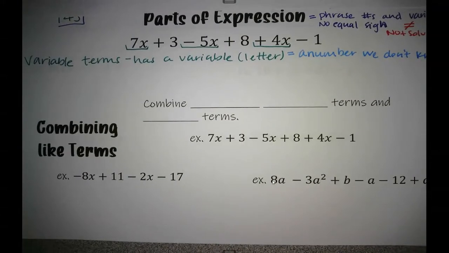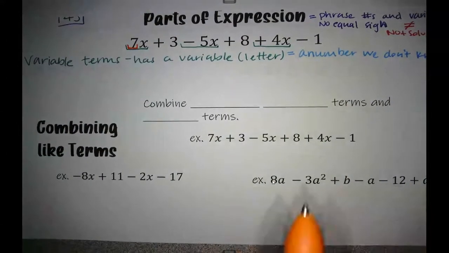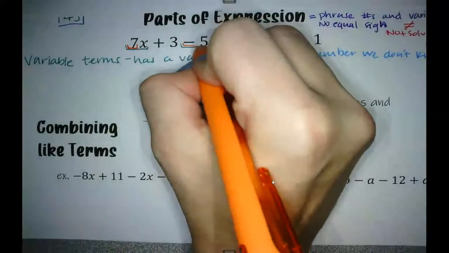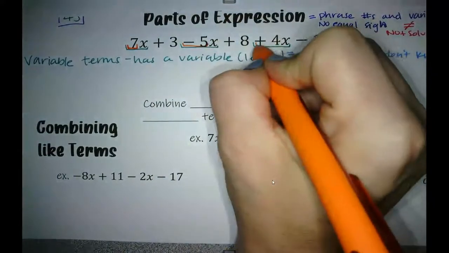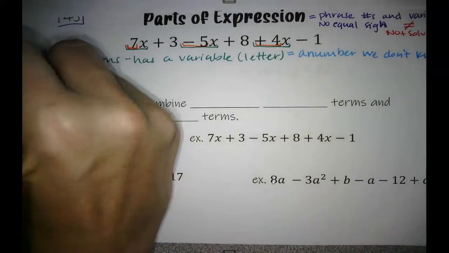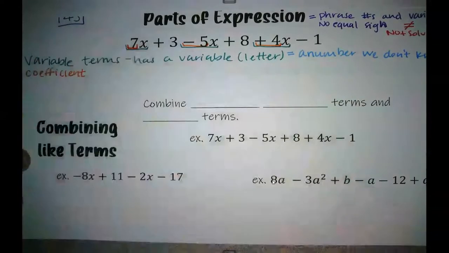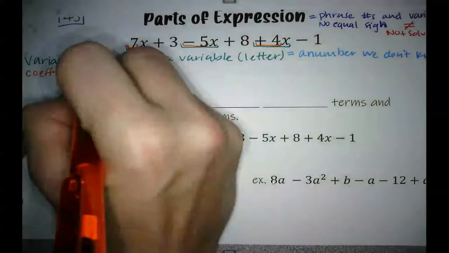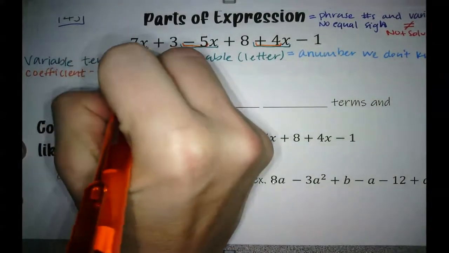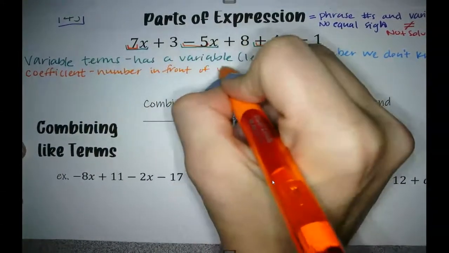Okay? Then we have our coefficients. And this is just the number in front of the variable.